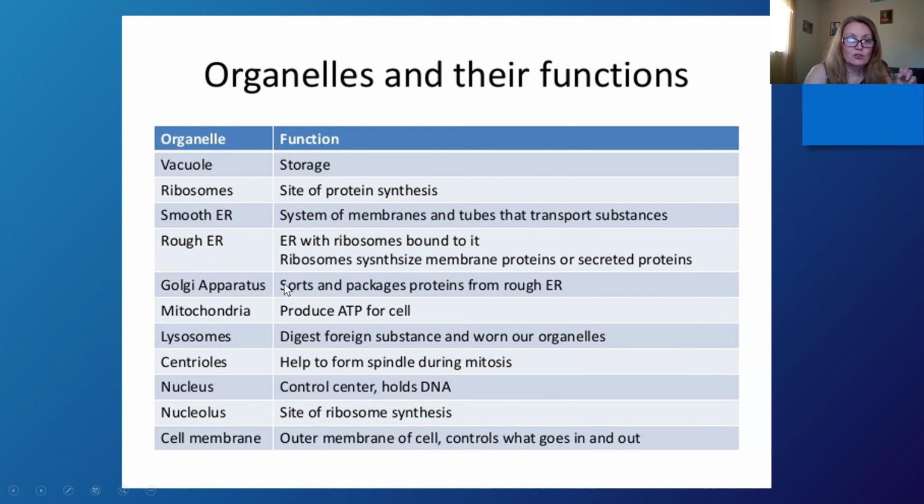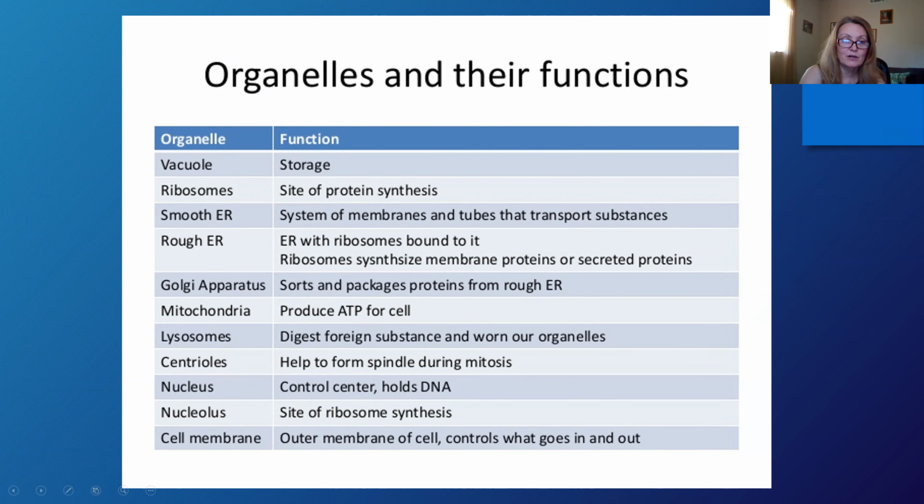Golgi apparatus sorts and packages proteins that it receives from rough ER, right? So ribosomes synthesize proteins. They usually deposit them inside the lumen of rough ER, inside those cisterns, and then a vesicle is formed from the rough ER, and those vesicles move to the Golgi apparatus first.